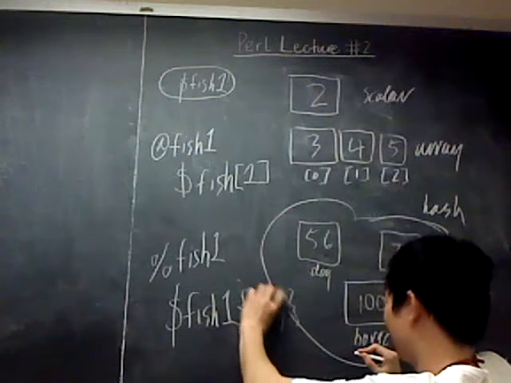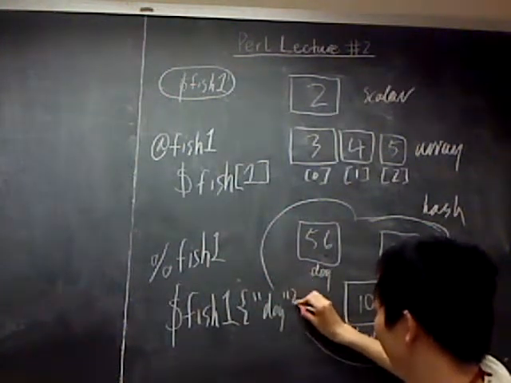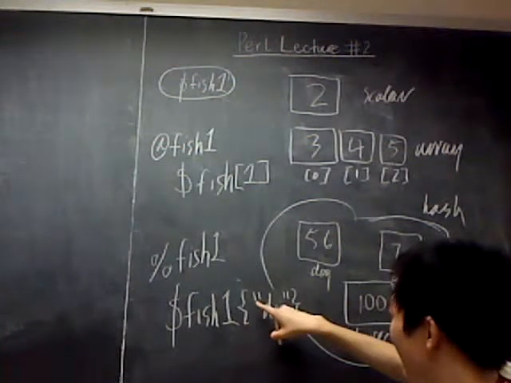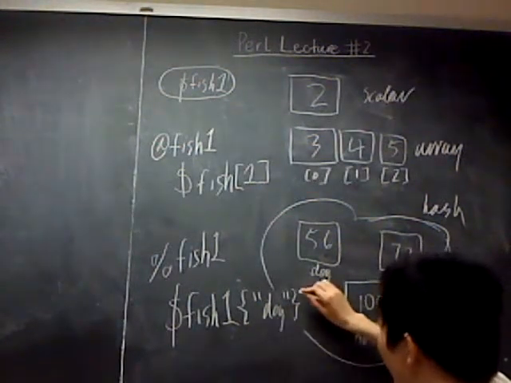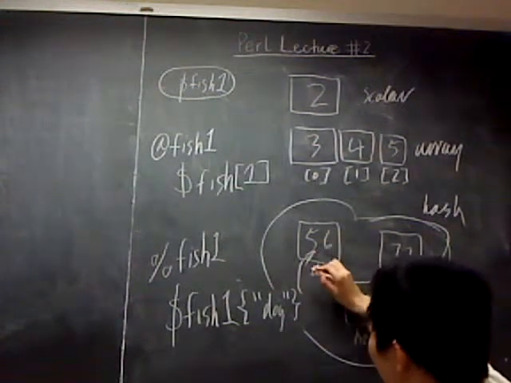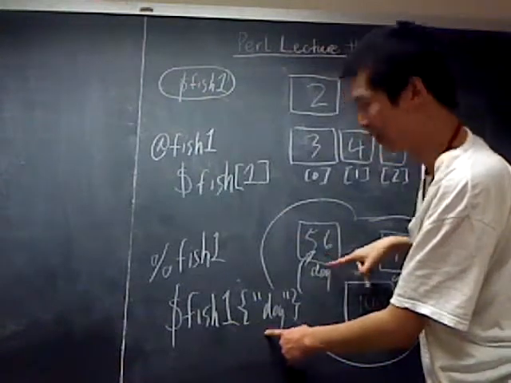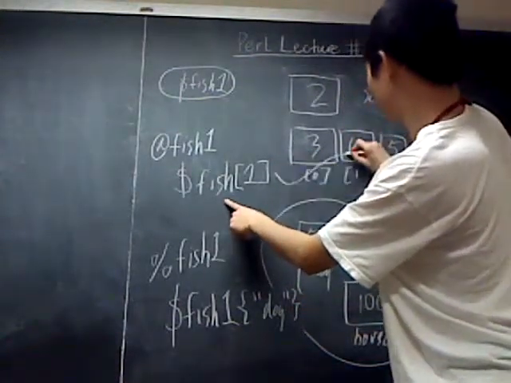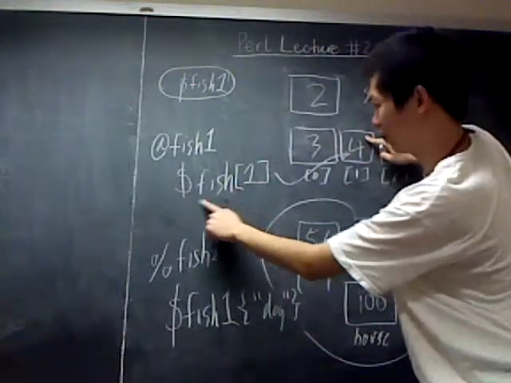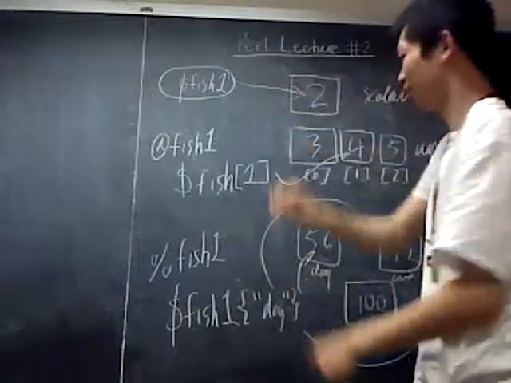Right, curly braces, and within the quotation marks, your specific key, right? Now this will get you this number 56. These two correspond. This fish right here will get you this 4 right here. These two correspond, okay? This and this box, and these two correspond.